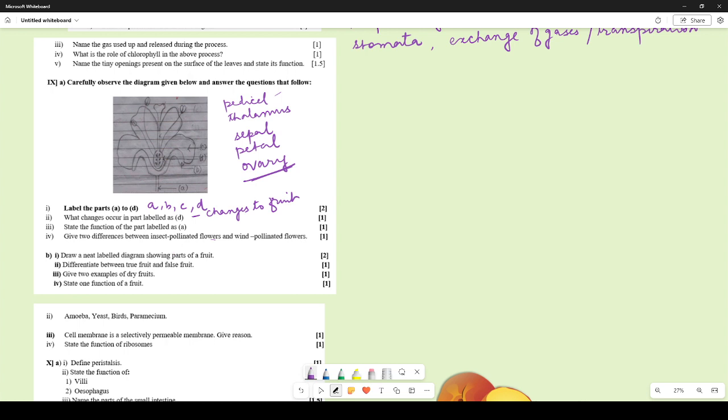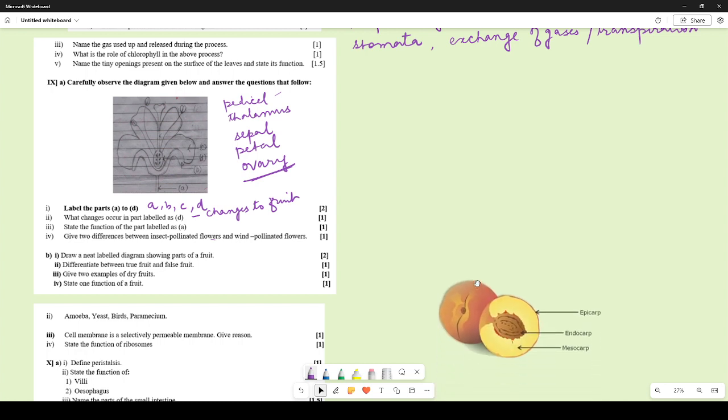Over here you write they have sticky pollen grains and they have light pollen grains. These are the points that you mention when you are mentioning the difference between insect pollinated flowers and wind pollinated flowers. If you write they are pollinated by insects, they are pollinated by winds, you get a 0. It does not make any sense to give that as a difference.